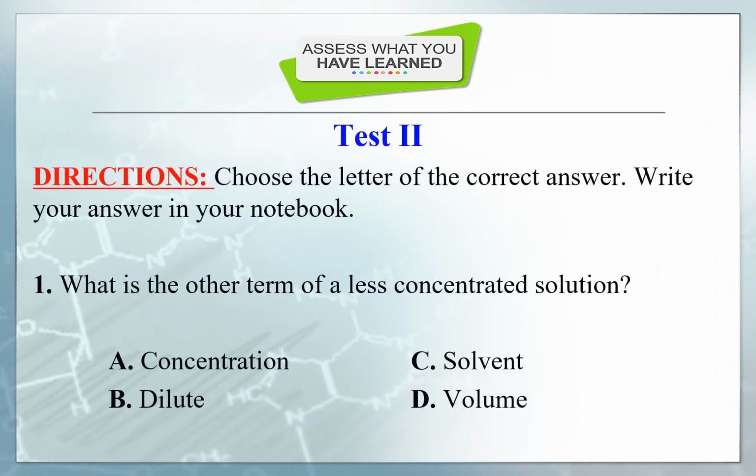Task 2. Directions. Choose the letter of the correct answer. Write your answer in your notebook. Number 1. What is the other term for a less concentrated solution? A. Concentration, B. Dilute, C. Solvent, D. Volume.